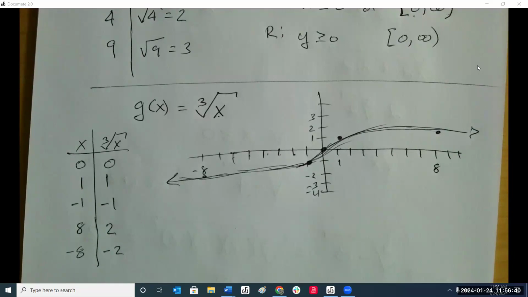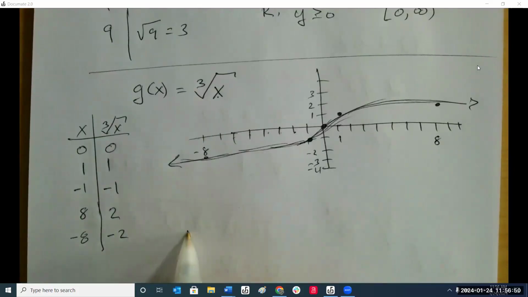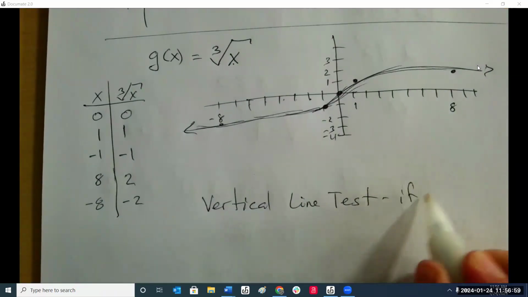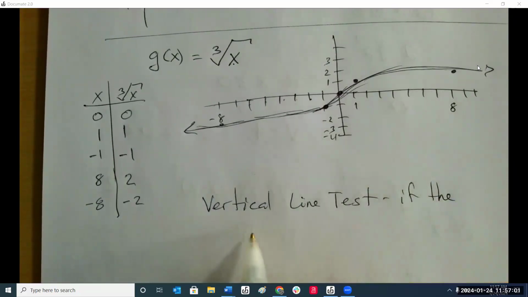So far so good. Are these functions? How can we tell they're functions? What is the vertical line test? If more than one point touches the vertical line.